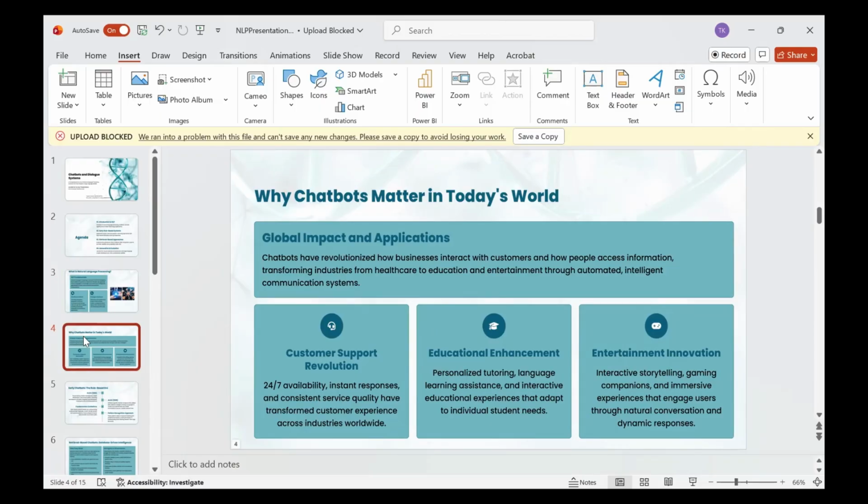This automation reduces response times and enhances customer satisfaction. In education, they act as personal tutors, language learning assistants and adaptive teaching tools that adjust content to the student's needs. In entertainment, chatbots are used for interactive storytelling, gaming competitions, and immersive user experiences. Overall, they have transformed digital communication into an intelligent on-demand experience.